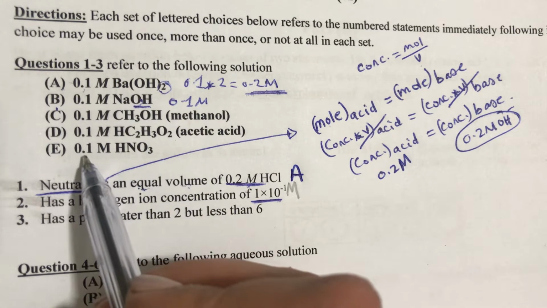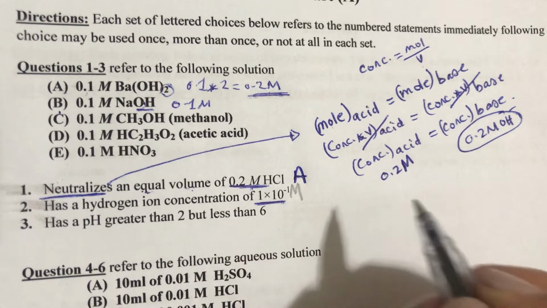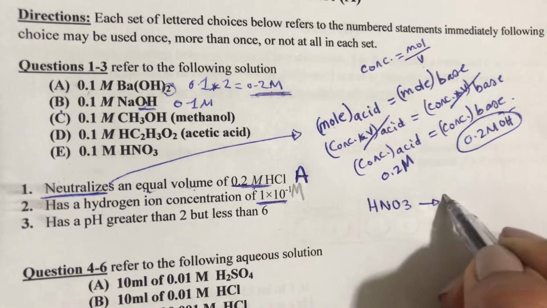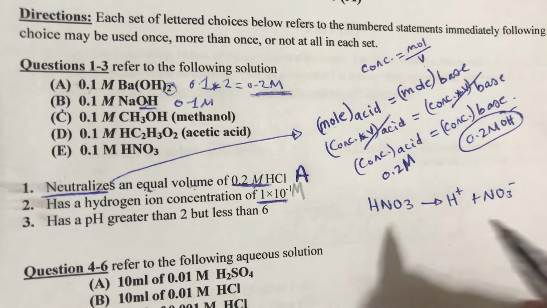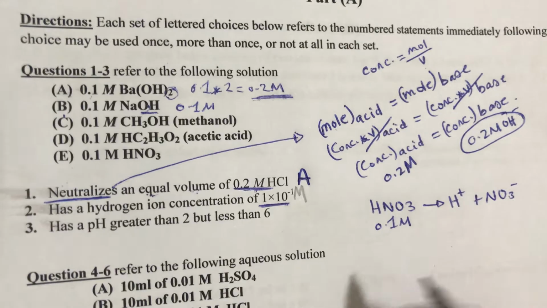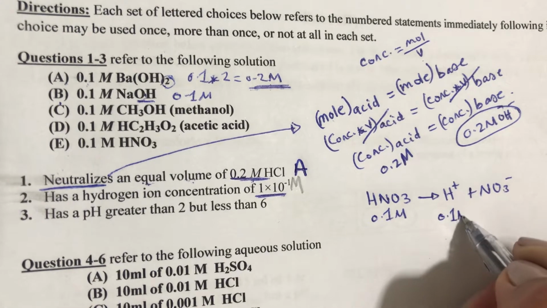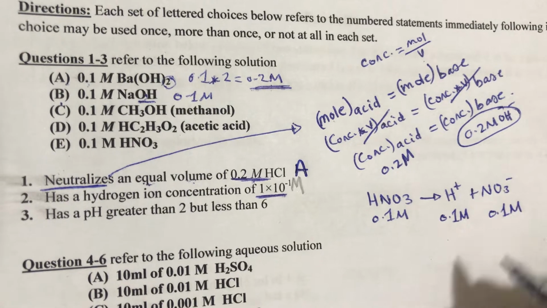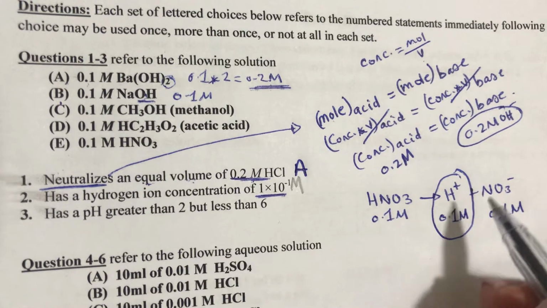But E is a strong acid, so it dissociates to give 1 hydrogen ion and 1 nitrate ion. If the concentration of the acid equals 0.1 molar, because it's a strong acid, the concentration of hydrogen is 0.1 molar and the concentration of nitrate is 0.1 molar. So the answer is E.